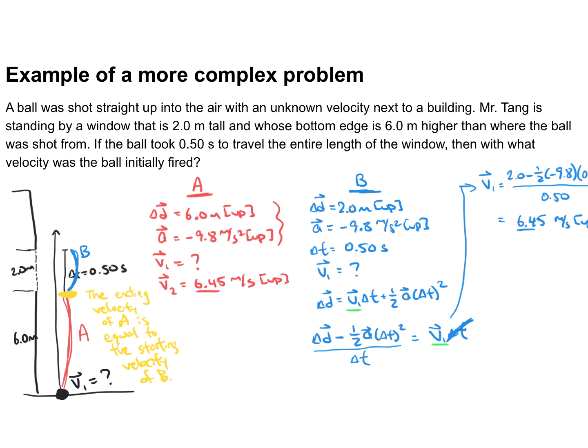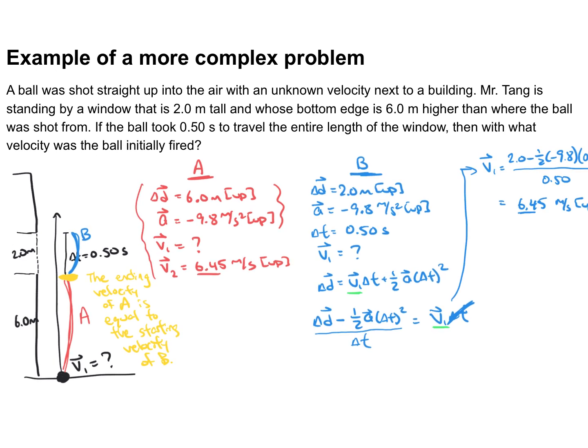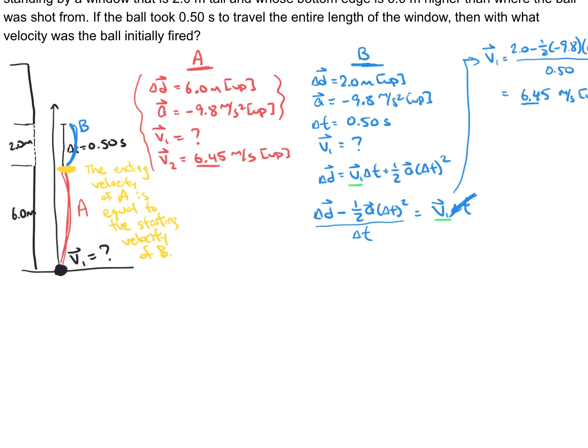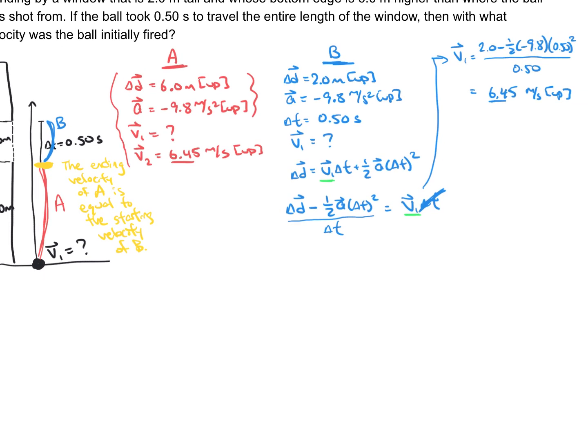Okay, so we need to find the formula that relates these 4 variables. You can look at the front of the room again and try to find that formula. It is actually the 5th one. So running out of space here, I'm going to go down here. The 5th formula, I'm going to just write it out. This needs to be isolated for the starting velocity.